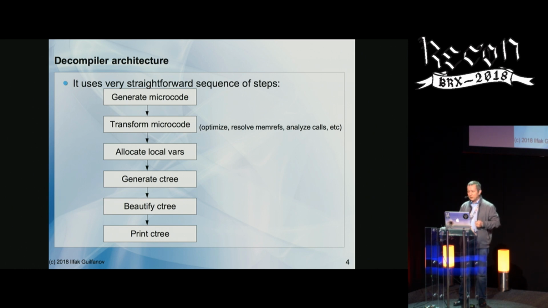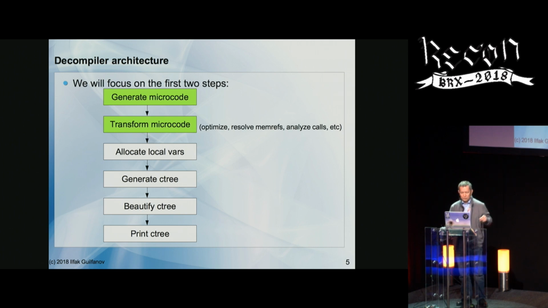But before doing that, we first allocate local variables. We create them, and then we create the C tree. It's an object that looks like the syntax trees used by compilers. We beautify it. This is a very essential step that is required to get something nice and readable. And finally, we print it on the screen. In our talk, we will discuss only the first two steps, because these are the most interesting parts for us: generating the microcode and transforming it.